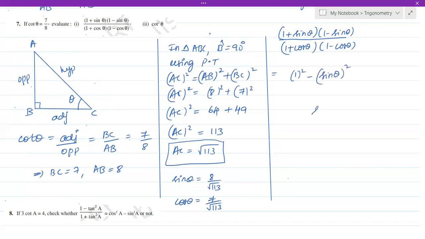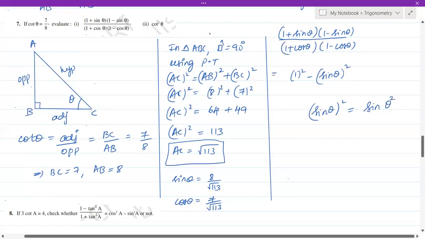And one important thing, sine theta the whole square can also be written as sine square theta. That is, before you write the angle, you have to mention the power. Suppose if you mention the power after the angle, it is completely different. That becomes sine theta square. Sine square theta is like sine theta into sine theta.